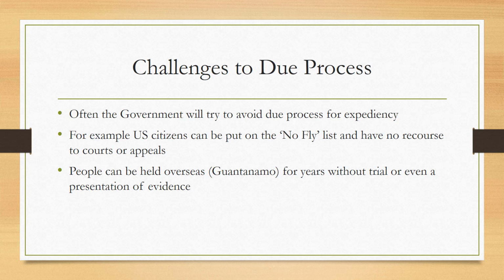You are not allowed to fly on a U.S. commercial jet in the United States if the U.S. government puts you on the terrorist no-fly list. And let's suppose that your name is John Smith, and they've confused you with another John Smith. This other John Smith, yeah, he's a terrorist. He's in California, right? You live in North Carolina. But for whatever reason, you wind up on the list.